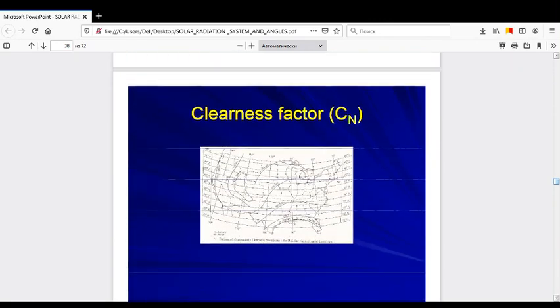Now, clearness factor, the atmosphere when the clearness factor CN is shown according to this way, when the intensity of the sun rays will be more.